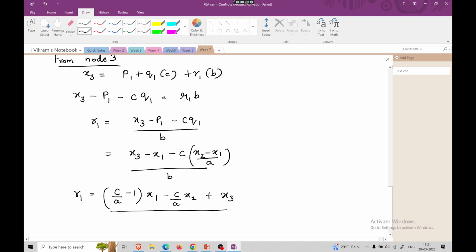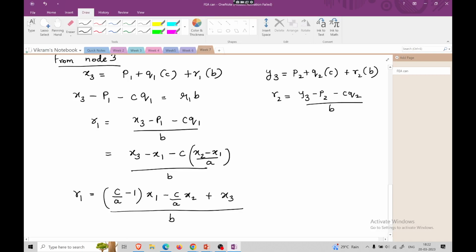y3 is equal to p2 plus q2 times c plus r2 times b. So from this, again r2 I get the value as y3 minus p2 minus c q2 by b. So p2 was nothing but y1, and q2 is y2 minus y1 by a, again we have to substitute this one. Very similar equation you will get.